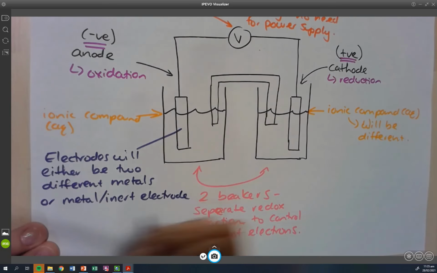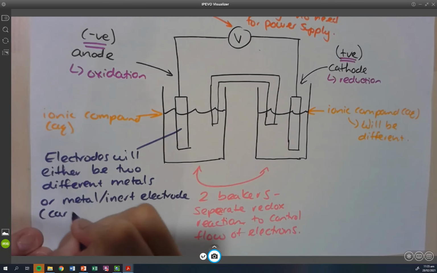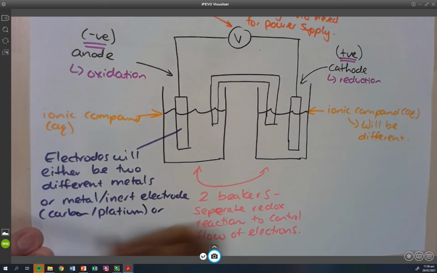An inert electrode would be like your carbon electrode, or an unreactive metal, which would be platinum. Or they could be both inert. It really depends on the reaction. So just keep that in mind with the electrodes when you're looking at it. The other thing to note about these electrodes is that often, if they are metal, it'll be the ion pair.